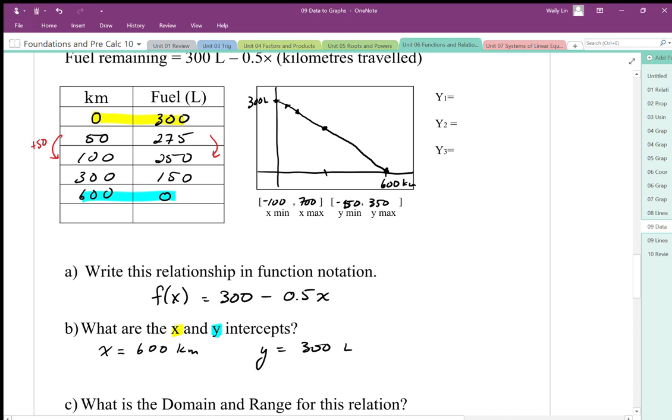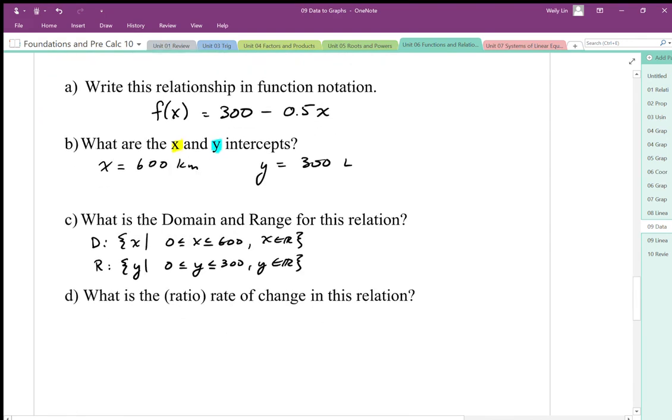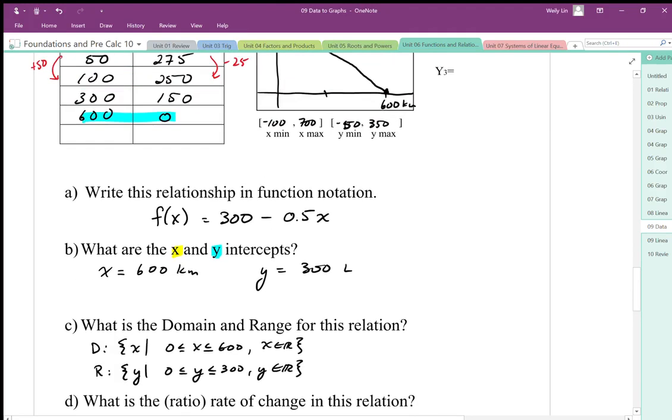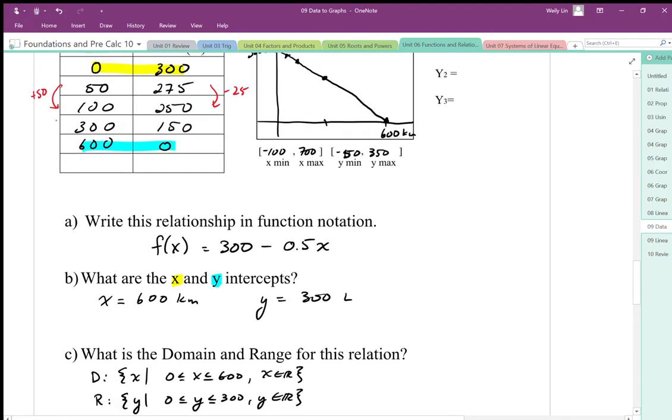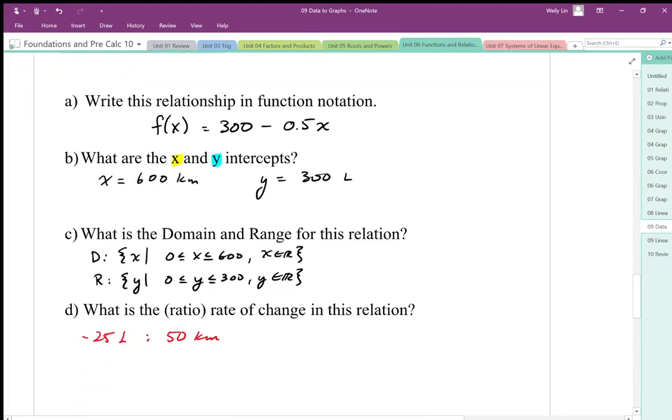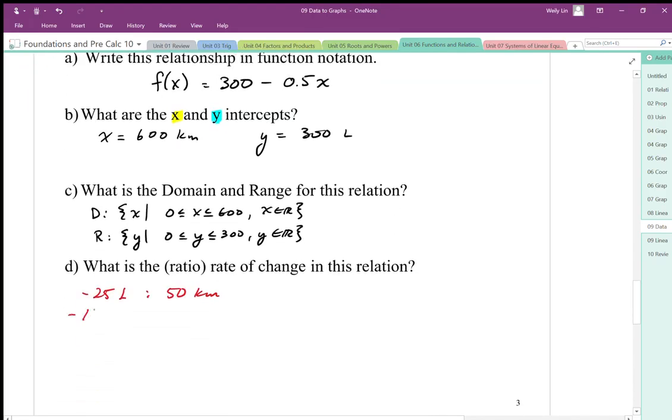Okay, so my ratio of change is going to be negative 25 liters for every 50 kilometers. Okay, and I can simplify that, and I want to make sure that that ratio of change is consistent. Plus 200 kilometers, minus 100 liters. Okay, so minus 100 liters. We're always going to compare the y to the x.